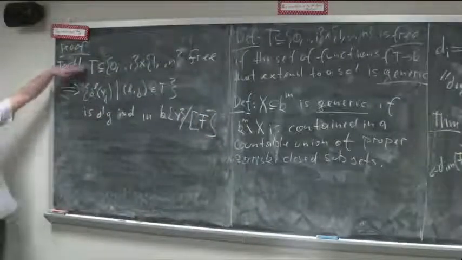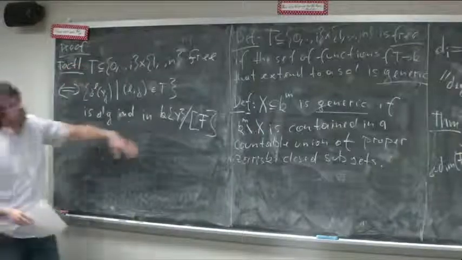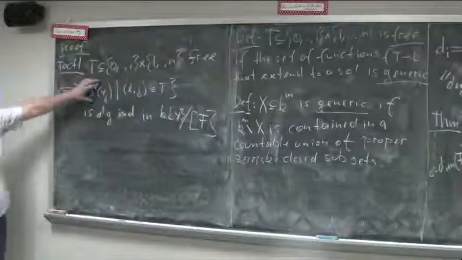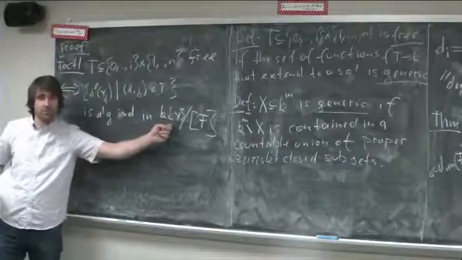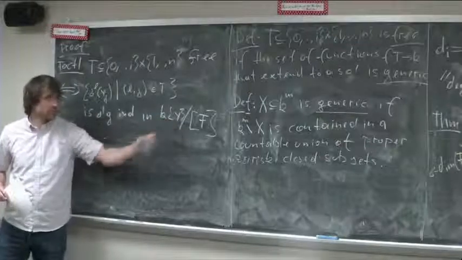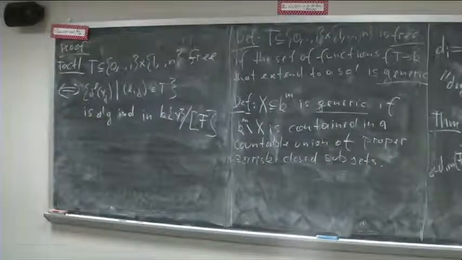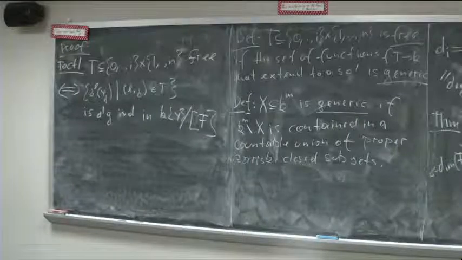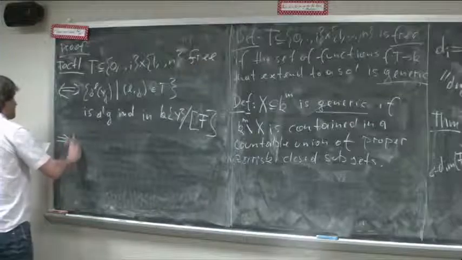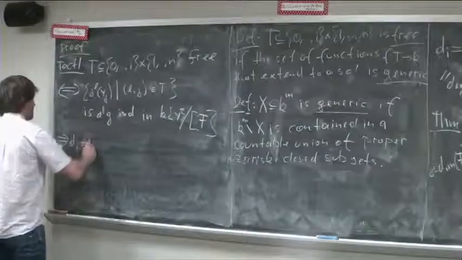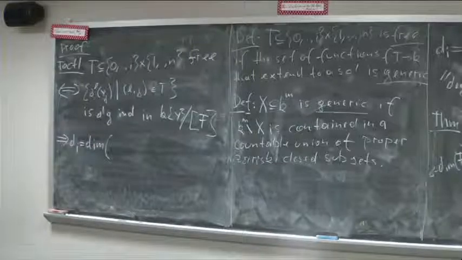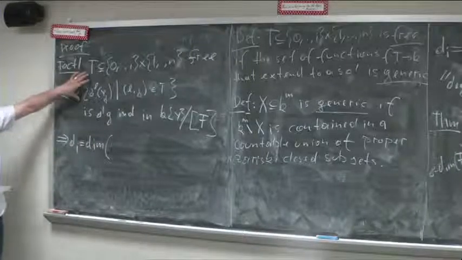So this T is free, you have this property, if and only if the corresponding set of variables is algebraically independent in this difference algebra defined by f. So as a consequence, you see that d_i is, actually this is for i sufficiently big. No, this statement is true for every i.